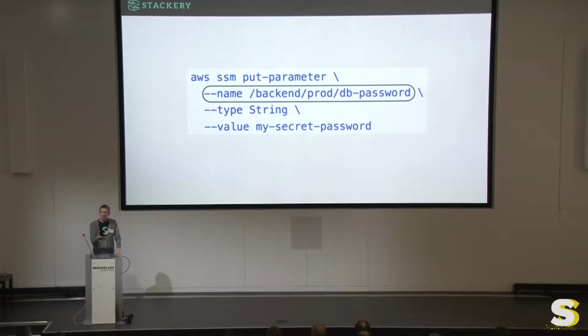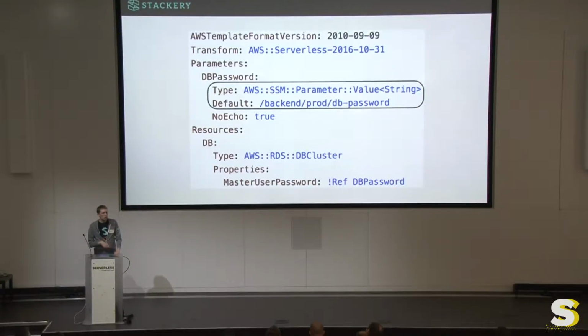So you can upload your password to a certain location. Here we're uploading it to backend prod DB password. So now we go back to our CloudFormation template, and we tell it using the specific CloudFormation syntax, which is a little wonky, where it can fetch that value from the parameter store.